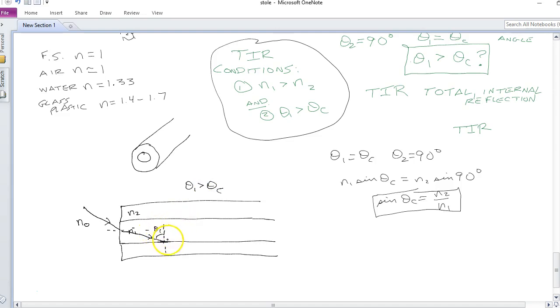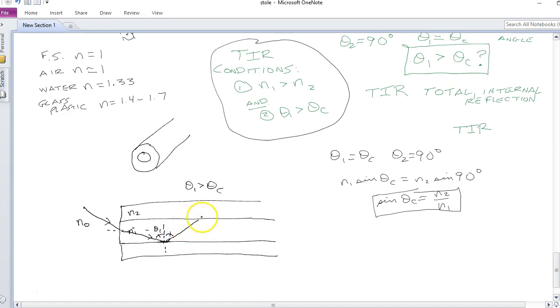So N1 is going to be bigger than N2. You're going to have two different types of glass or plastic, or in a cheaper fiber where the light doesn't have to travel as far. So geometrically, all of this light energy is just going to reflect and go like that. Now, according to the law of reflection, that angle is the same as theta 1.